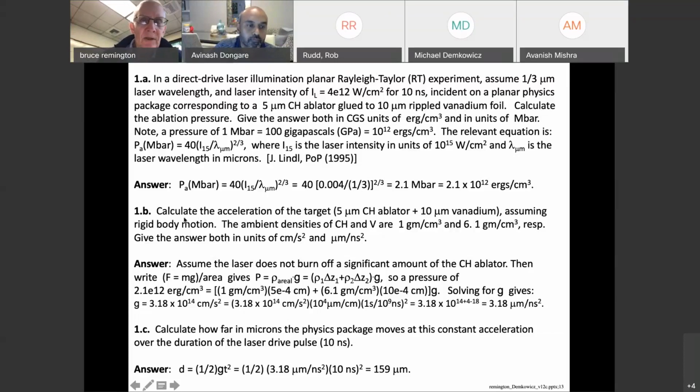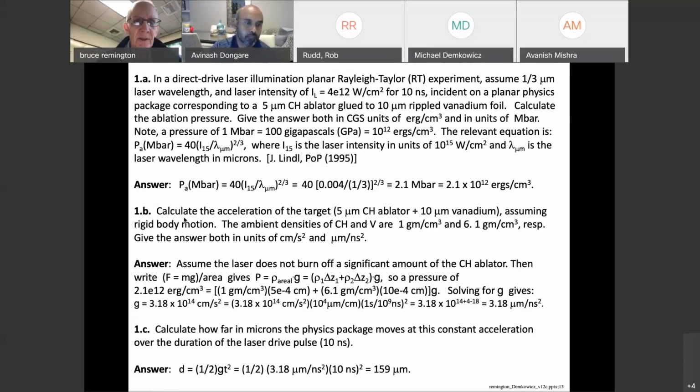Calculate the acceleration of a target where the target is assumed to be a 5 micron plastic ablator glued to a 10 micron vanadium metal foil, assuming rigid body motion, so ignoring compression waves and rarefactions. The ambient density of plastic and vanadium are 1 gram per cubic centimeter and 6.1 gram per cubic centimeter respectively.